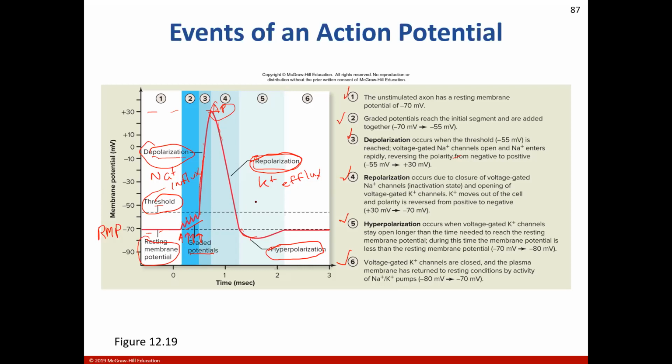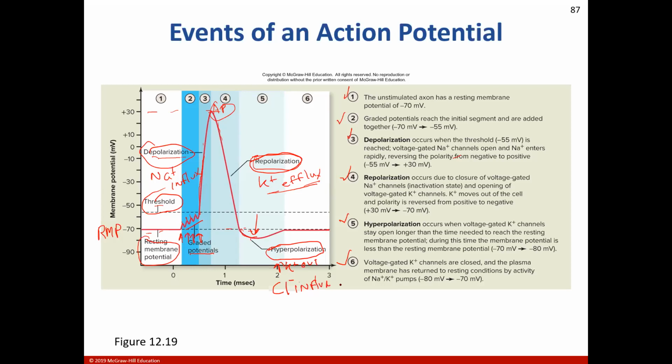Now, the whole idea of getting potassium out and the sodium potassium ATPase pumps is to get back to a resting membrane potential. But sometimes you get too much potassium out, or you might get chloride, which is a negative ion, in, and that makes it even more hyperpolarized.